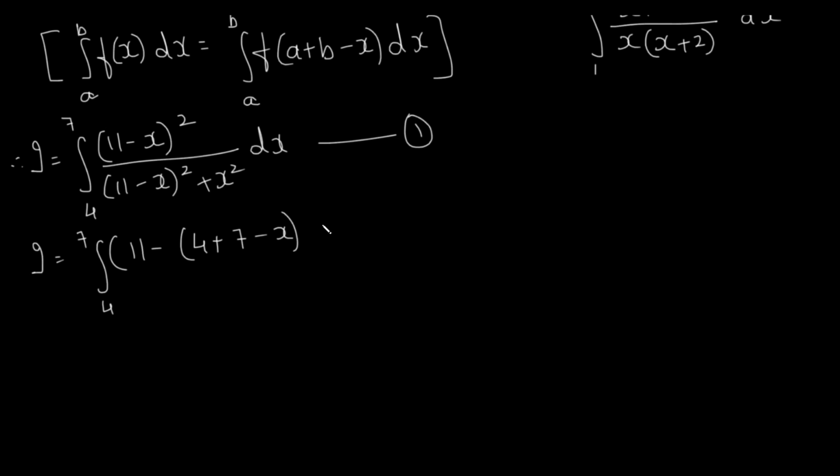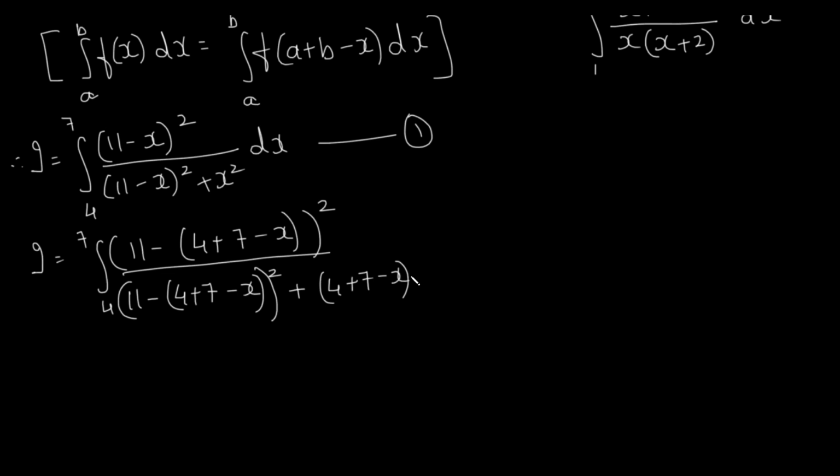Instead of x, we put 4 plus 7 minus x, the whole square, upon again 11 minus x is there. So 11 minus 4 plus 7 minus x, the whole square, plus x square. X square is again 4 plus 7 minus x, the whole square dx.